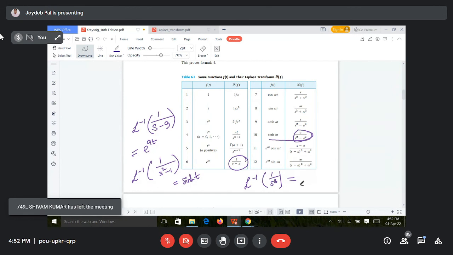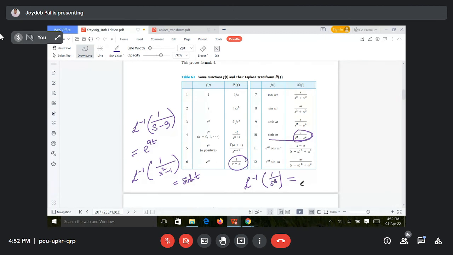You have to manipulate something, it is not directly given. Look, it will be 2 factorial by s cube.